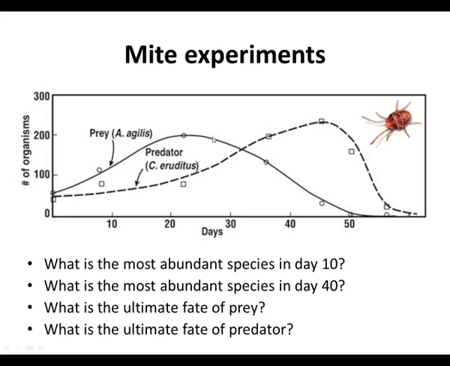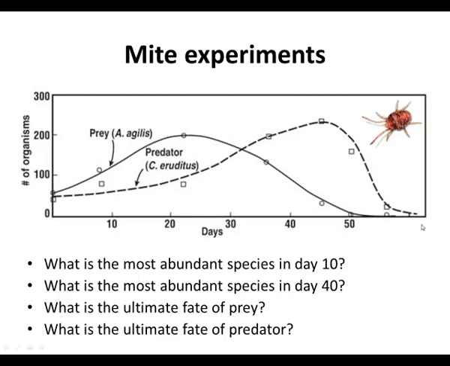Now you can see the prey population is crashing and the predator population is still increasing. Eventually, the prey population went extinct. When there's no prey, the predator population will eventually collapse.